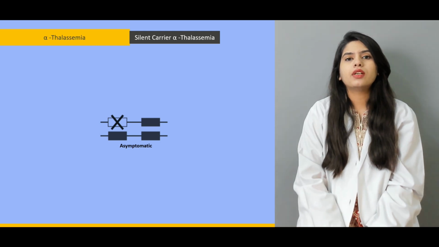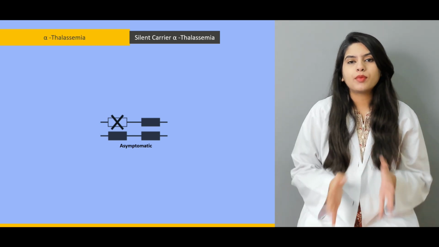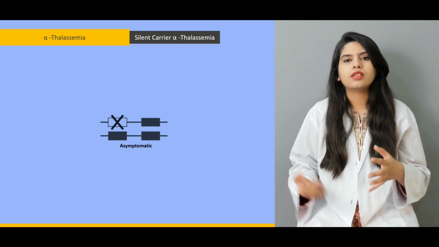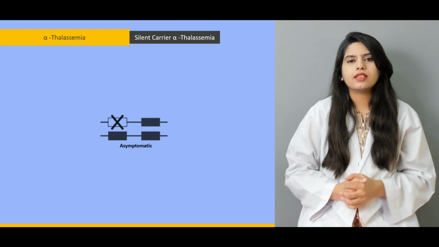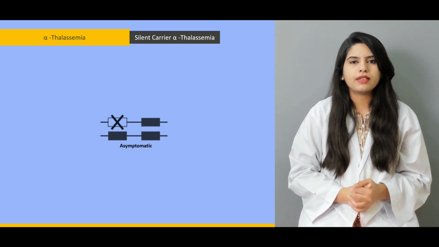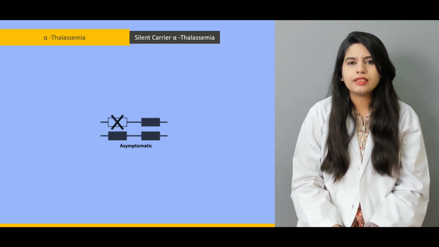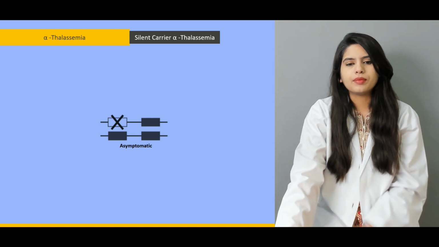As this type of patient is asymptomatic, this type of alpha thalassemia is mostly not diagnosed, except during diagnosis of other diseases or during genetic testing, which may show that the patient is suffering from alpha thalassemia. But usually the patient goes undiagnosed and does not present any symptoms.